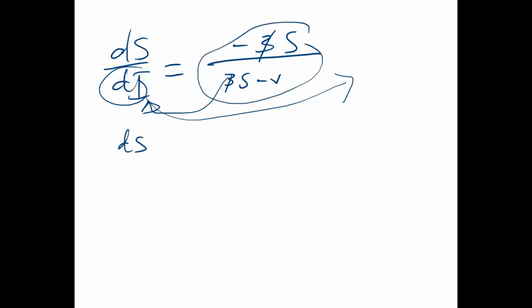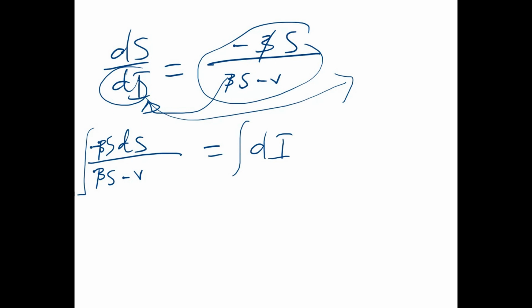So you've got dS and then minus beta S over beta S minus v is equal to dI standing alone. So you integrate both sides, and what answer are you going to get?